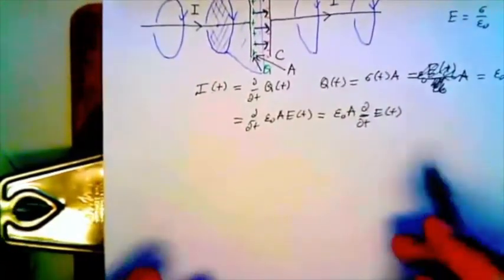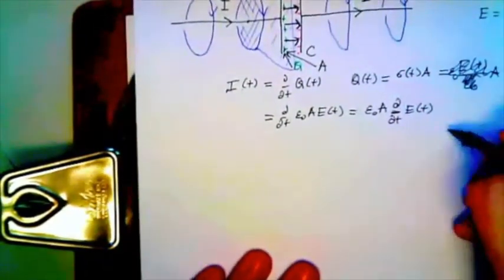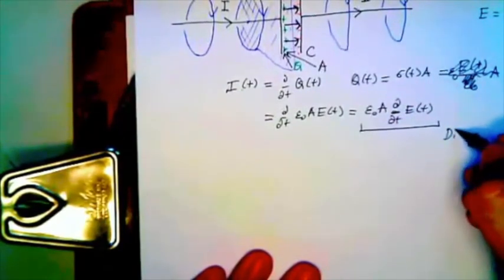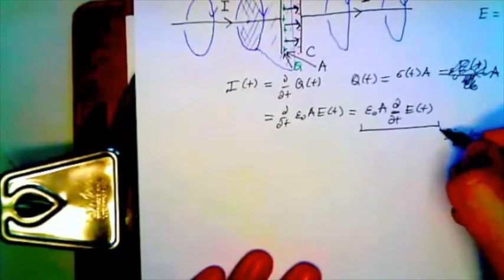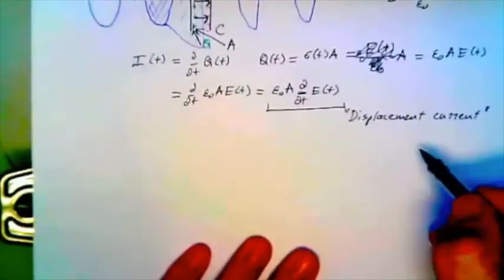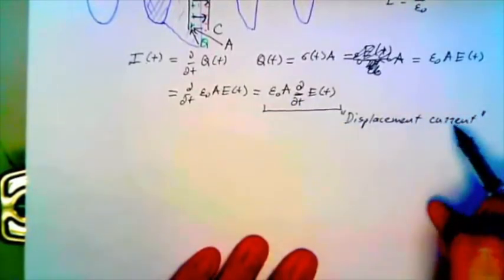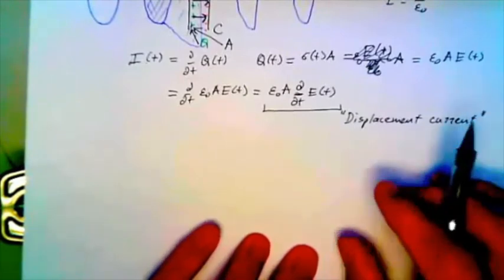Okay, now the genius of this description is that this thing we can call displacement current. It's an unfortunate name because we could describe it as a current, right? Because we just did so, but it's not really a current. But this is the name that we stuck with.